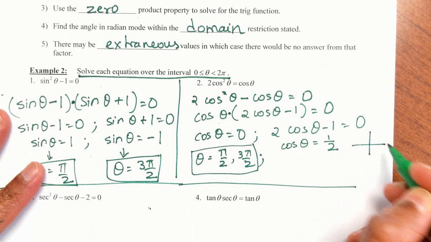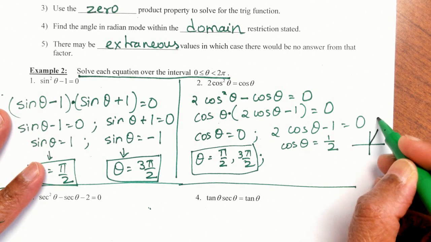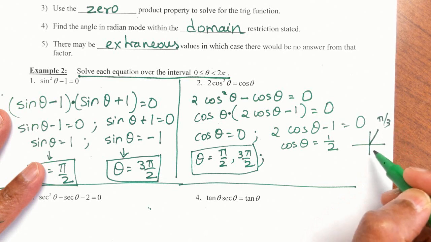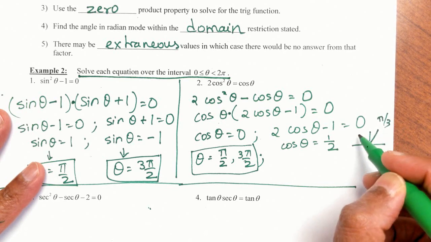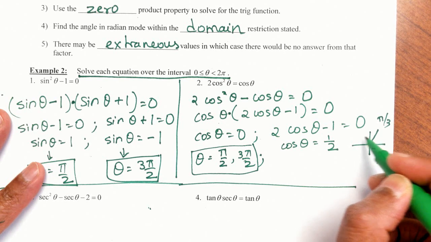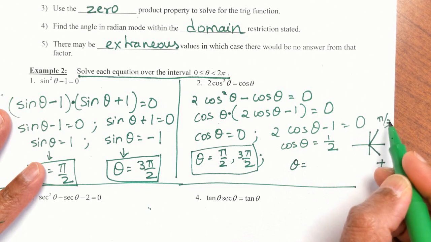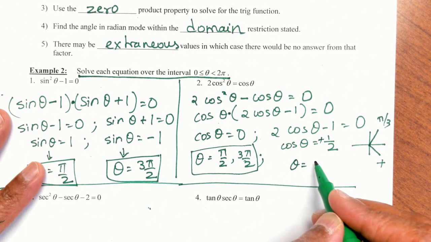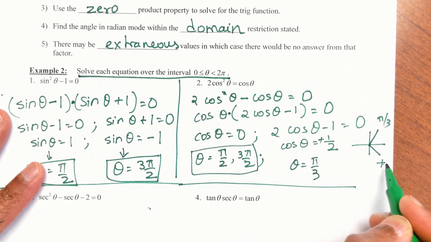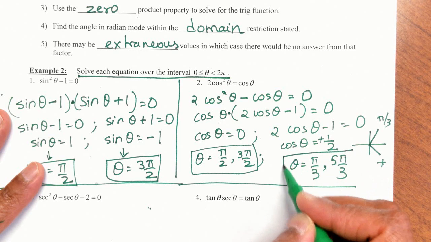It's positive half, so you'll need two quadrants where it's positive. Cosine theta is half at pi by 3, but cosine theta is also positive in quadrant 4. All students take calculus. So the reference angle of pi by 3 in this quadrant gives 5 pi by 3. So my answer for this section is theta equals pi by 3 as well as 5 pi by 3. So I have 4 solutions for this one.